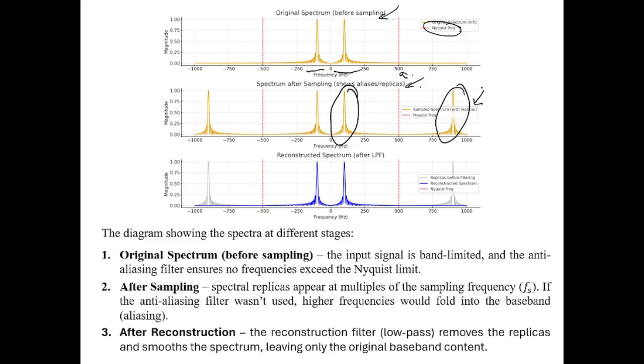After sampling, it goes over here. We have already discussed previously. What happens is that when we want to stop this aliasing, we have to confine the maximum frequency to half of the sampling frequency over here, 500 hertz.